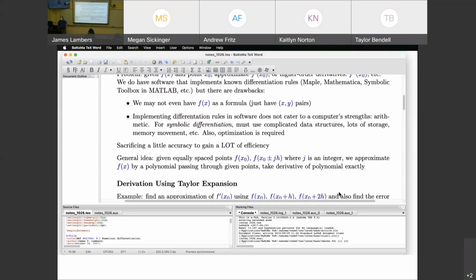Now, we will use that approach explicitly when we use Lagrange polynomials on Thursday, but the same idea is used, the one I'm going to show you today, where we use Taylor expansion, because in that case too, we are representing f by a polynomial.